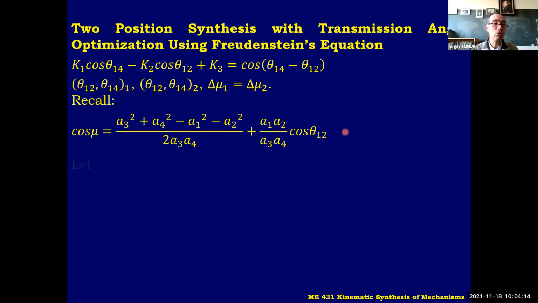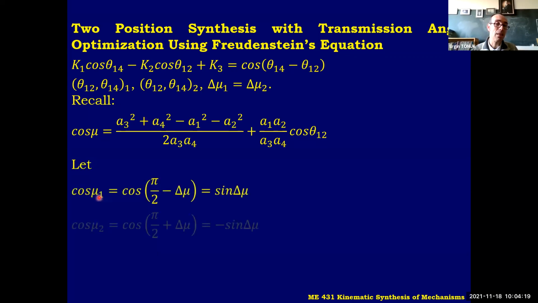So what I'm going to do is, for position number 1, I will say the transmission angle is 90 degrees minus delta mu. And keep in mind that this delta mu can be a negative number as well. So this could be plus a magnitude as well. That's very general, okay? So it's sine of delta mu.